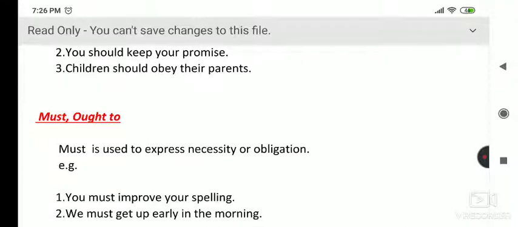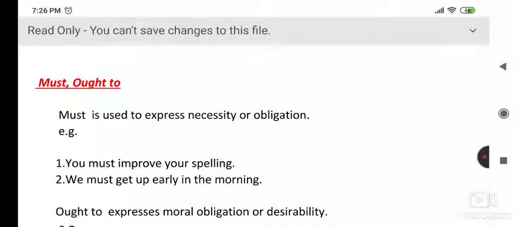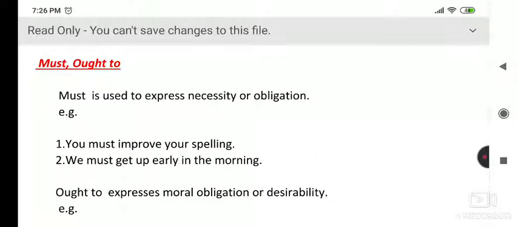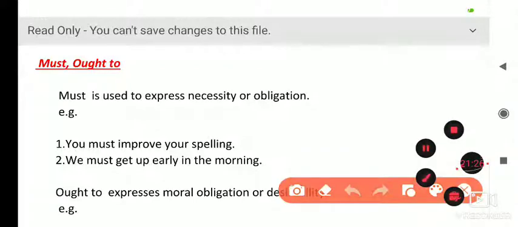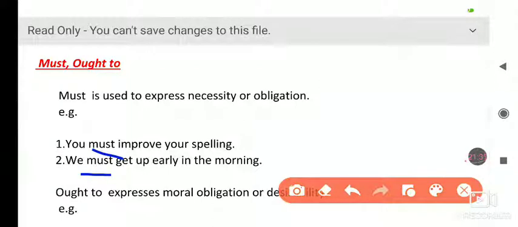The next auxiliary is must and ought to. Must is used to express necessity. For example, you must improve your spelling. We must get up early in the morning. So in these sentences, must emphasizes or expresses necessity.